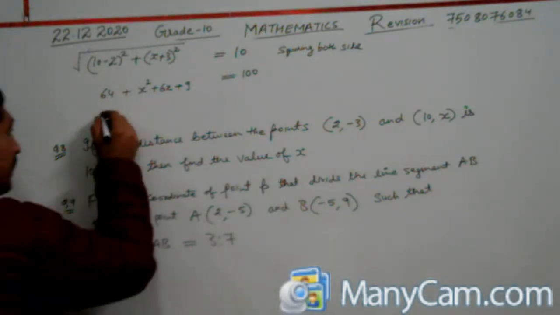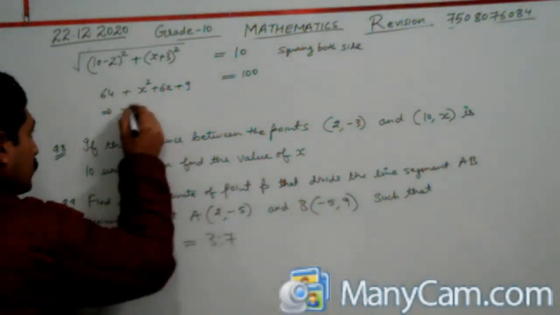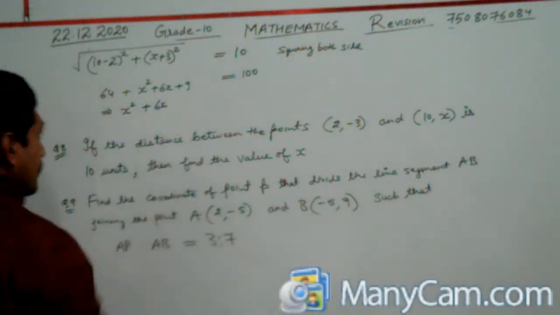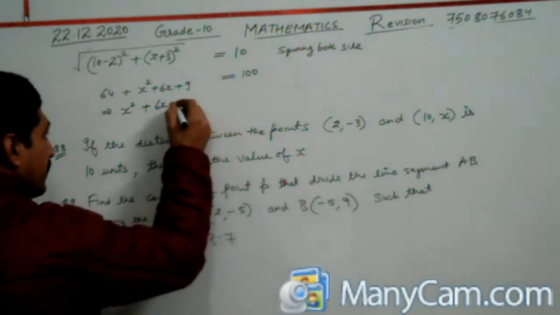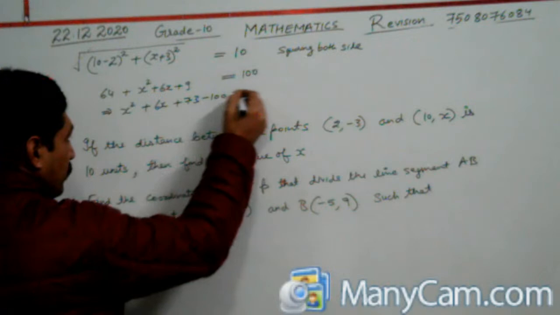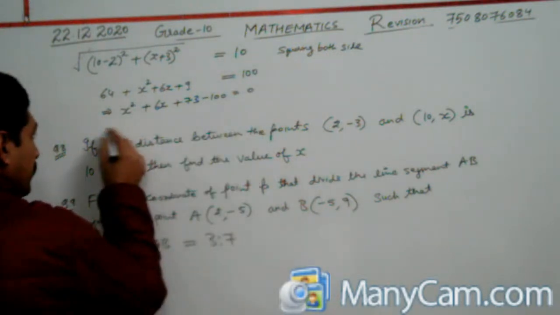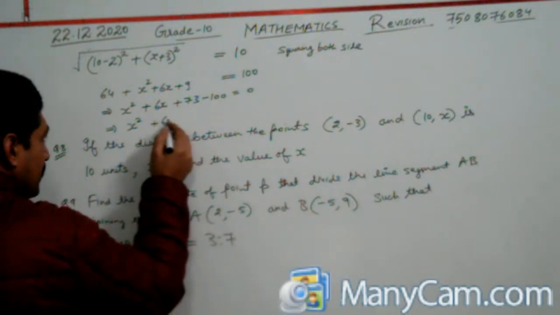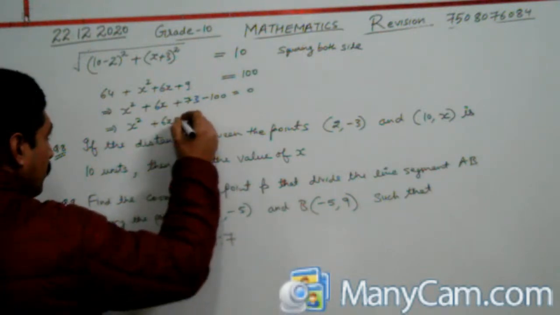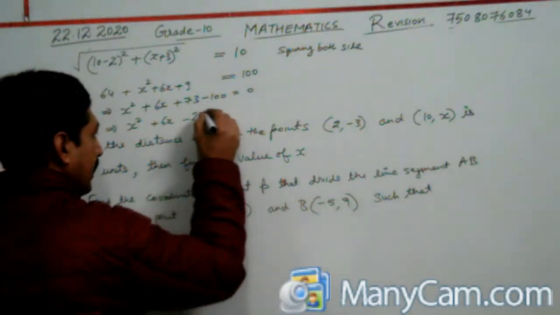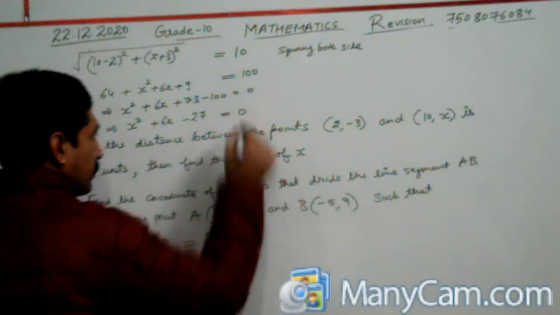So we have x square plus 6x, here it is 73, so 73 minus 100 gives the equation x square plus 6x minus 27 is equal to 0.